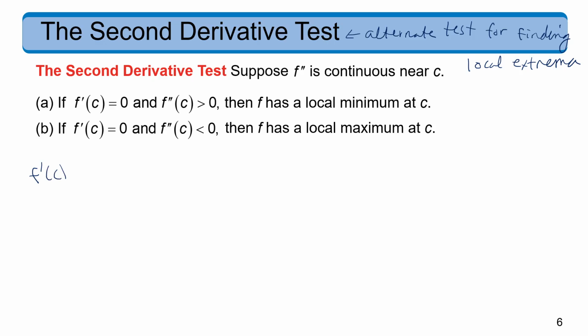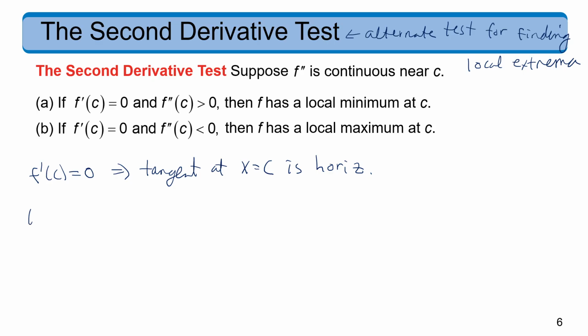F prime of c equals 0 means that the tangent at x coordinate c has slope 0. In other words, it's a horizontal line. So the tangent at x value c on the curve is horizontal. That's true in both cases A and B.